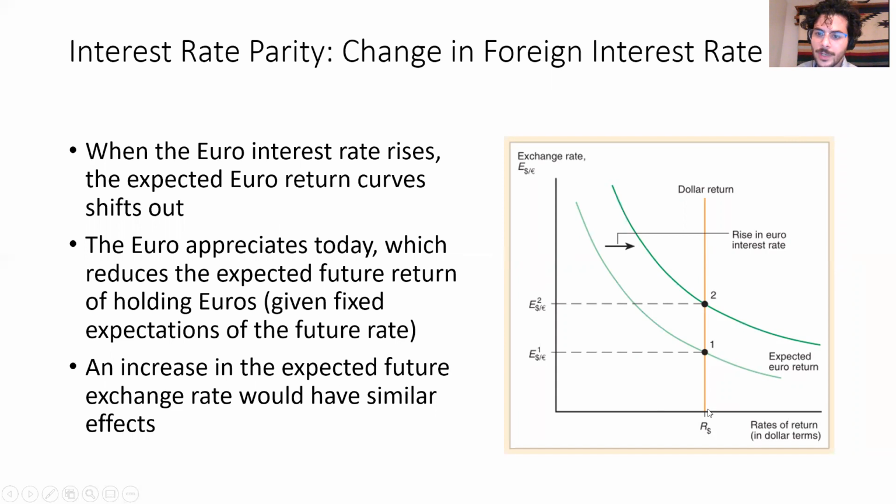And since the dollar rate of return has stayed the same, expected appreciation of the euro has to fall to maintain interest rate parity. So we can see in the new equilibrium, the exchange rate rises, or in other words, the euro appreciates against the dollar. Since the expected future rate is fixed, this is going to reduce the expected appreciation of holding euros.